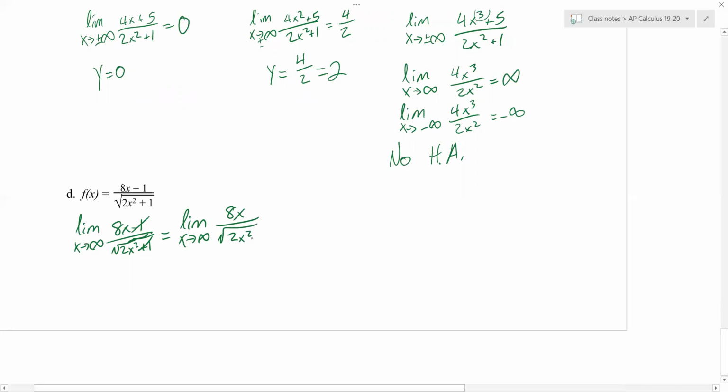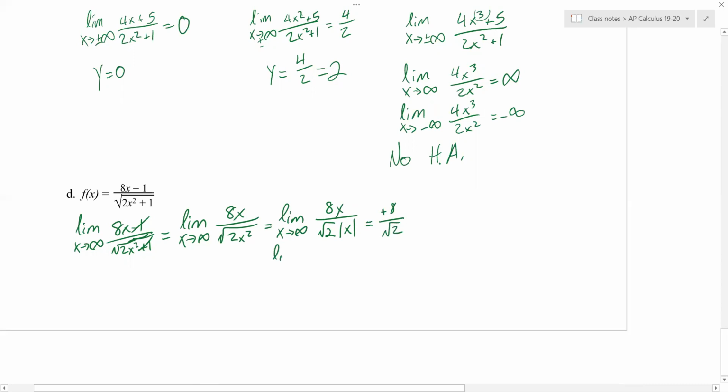Remember, squared and square root combine to make absolute value of x. So this is the limit as x approaches infinity of 8x over the square root of 2 times the absolute value of x. So when we plug in infinity, they will cancel out. We'll have a positive in the top and a positive in the denominator.